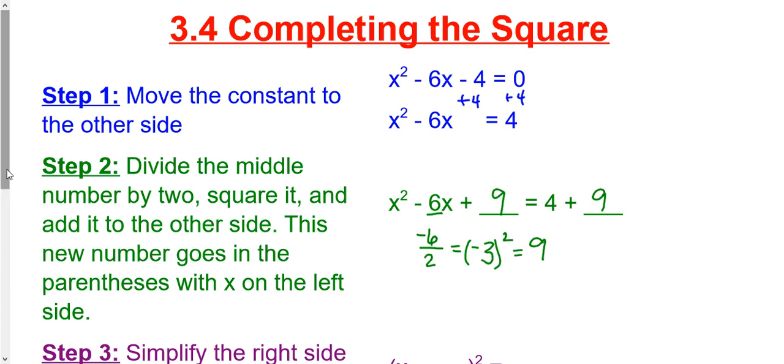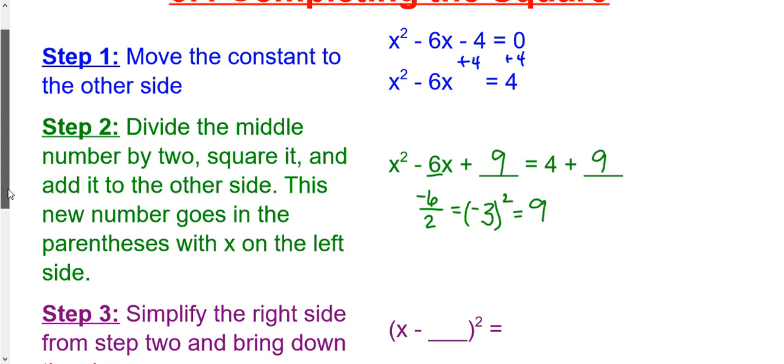Now, this new number is going to go in parentheses on the left. So this was -3, and so my -3 is going to come down here, and I'm going to show you why right now. So let's look at, if I had x squared minus 6x plus 9. This is just an off to the side note.